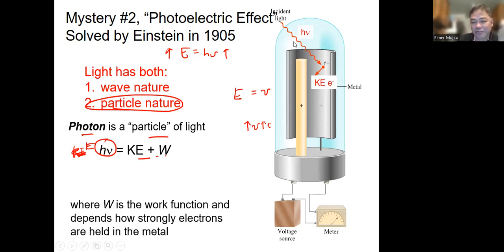Okay, he won the Nobel Prize. He didn't win the Nobel Prize for E equals mc squared. Okay, he won it for the explanation on the photoelectric effect. I don't know if you know it. Okay, pero maganda din yung explanation niya doon sa E equals mc squared, and he regrets that. It's one of his biggest regrets.